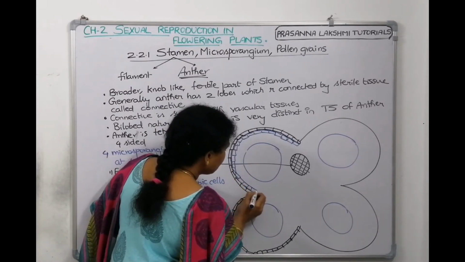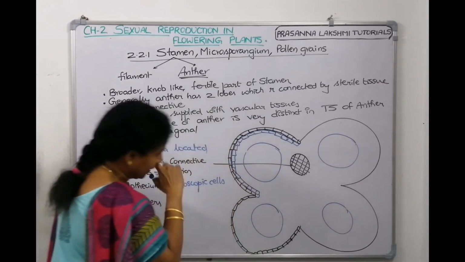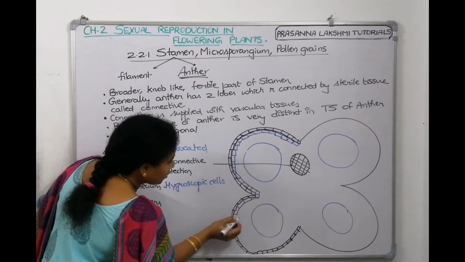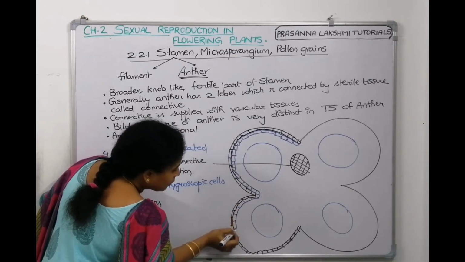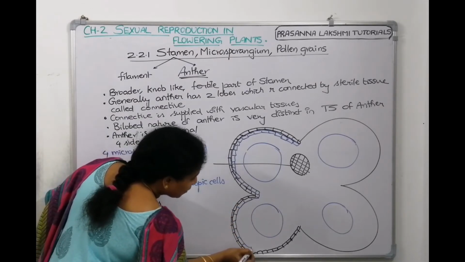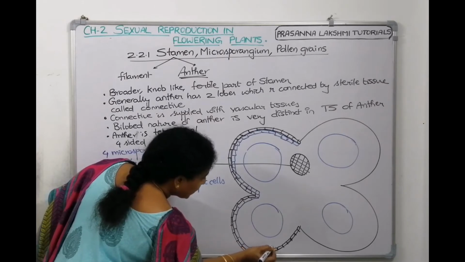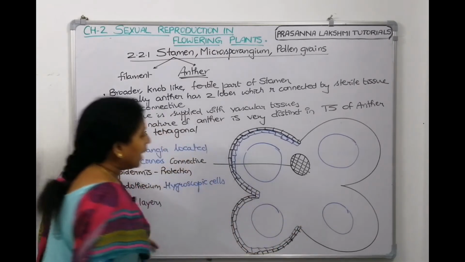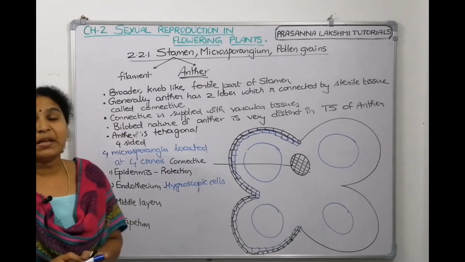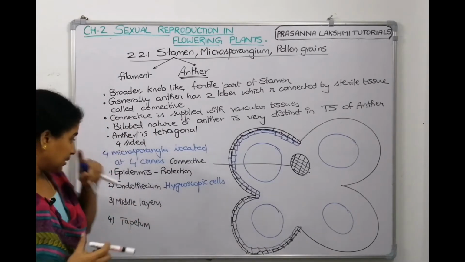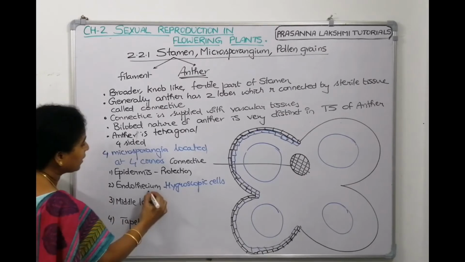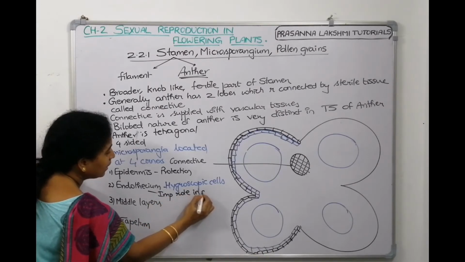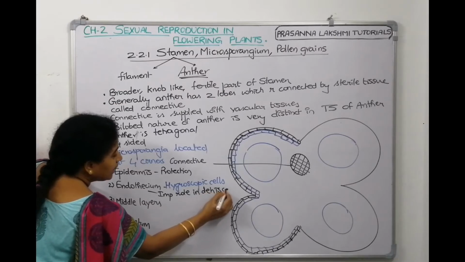See? So, what is this layer of cells called? This is called endothelium, made up of hygroscopic cells. What do you mean by hygroscopic cells? Hygroscopic cells means they can hold water, they can dehydrate also, they can lose water, and endothelium plays an important role in dehiscence.